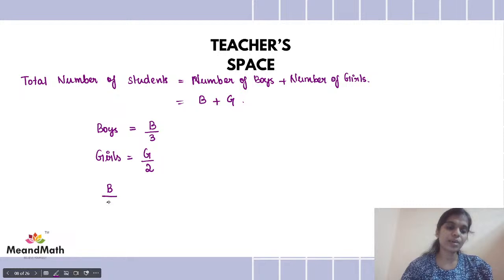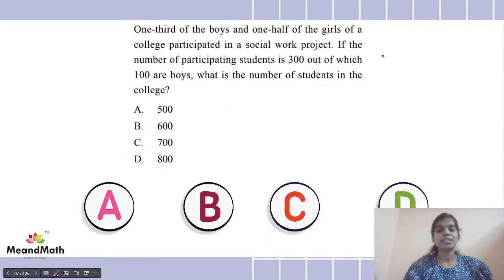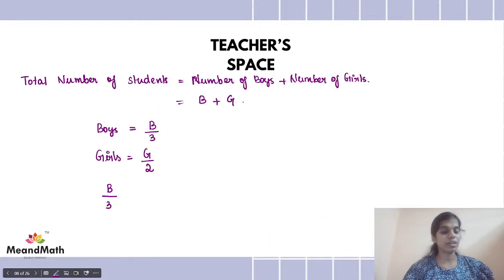And we know the number of boys who participated is 100, which is also given, right? Out of 300, 100 are boys.